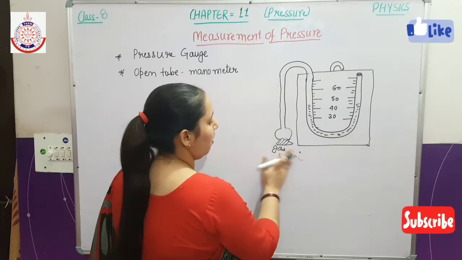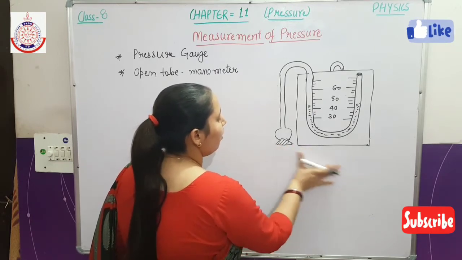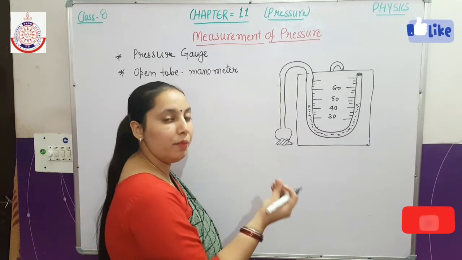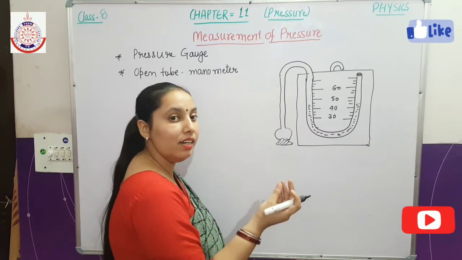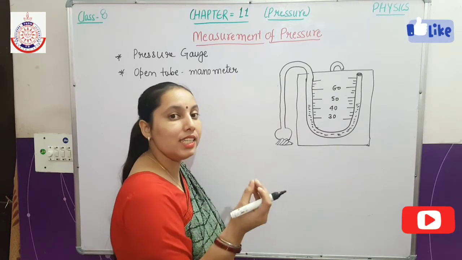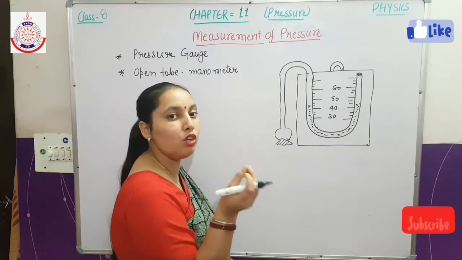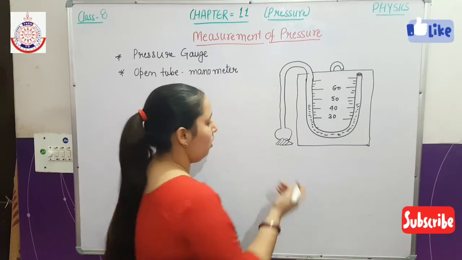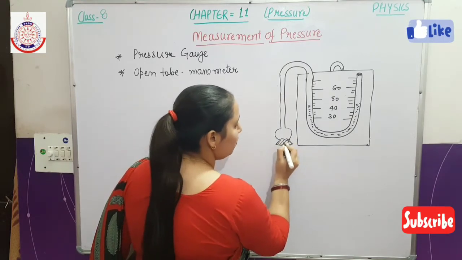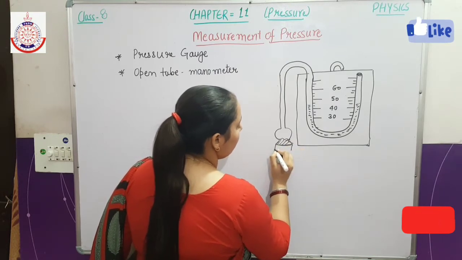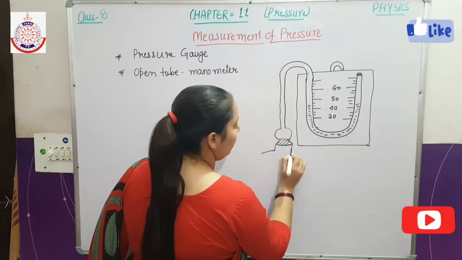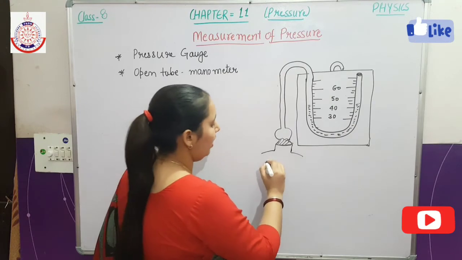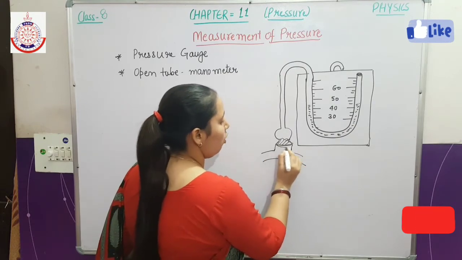Now how it works. For example, if you want to measure the pressure inside the tube of a cycle tire, you connect this portion with the opening of the tire.